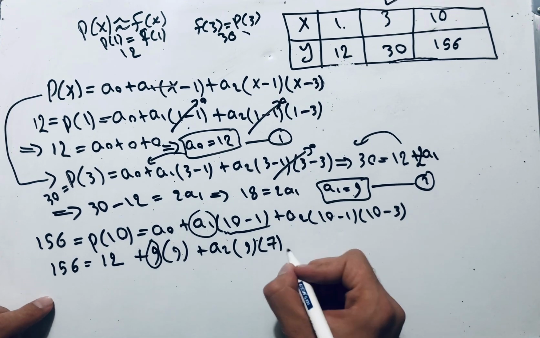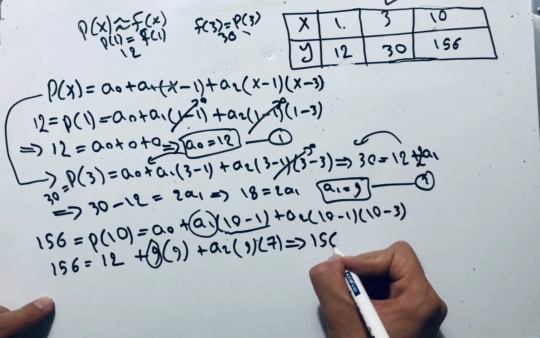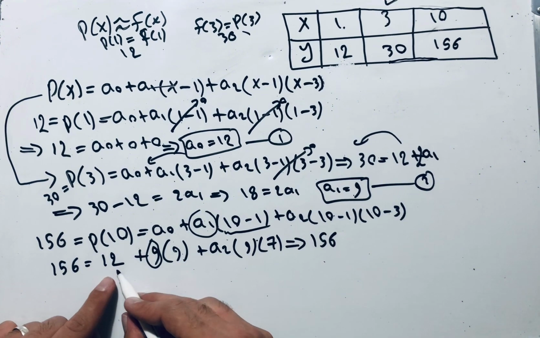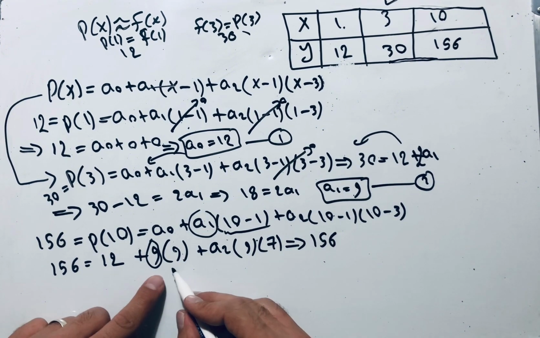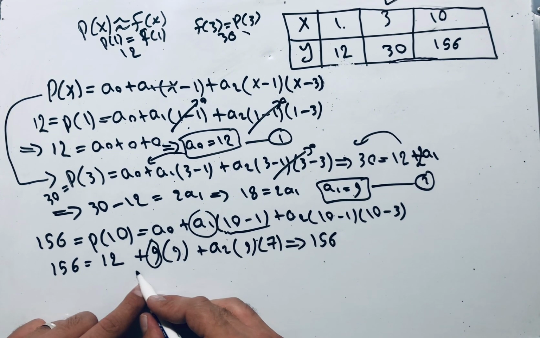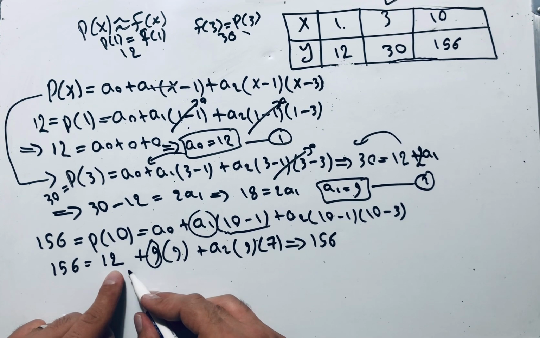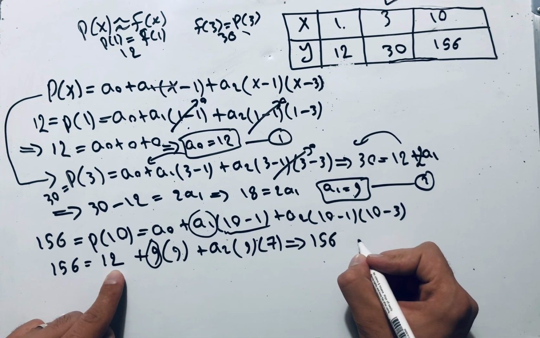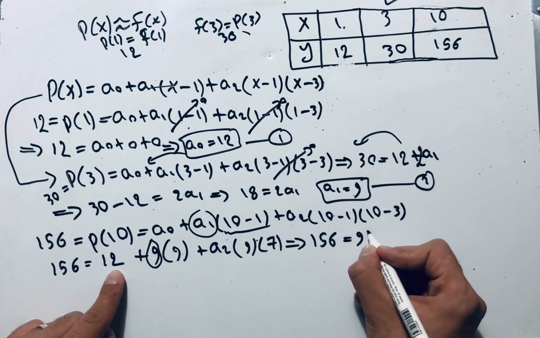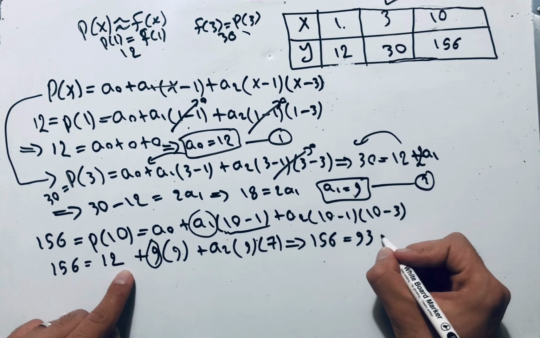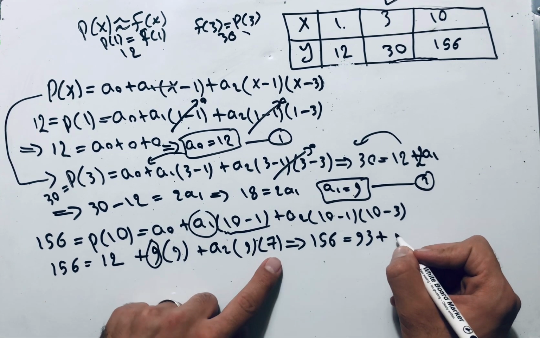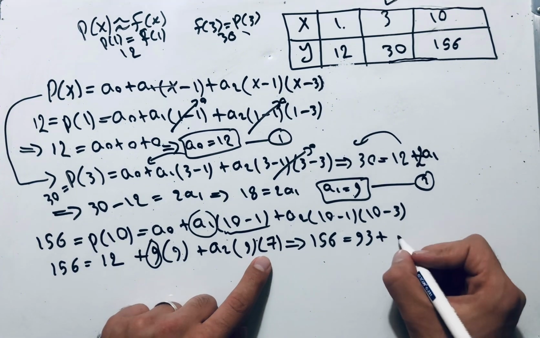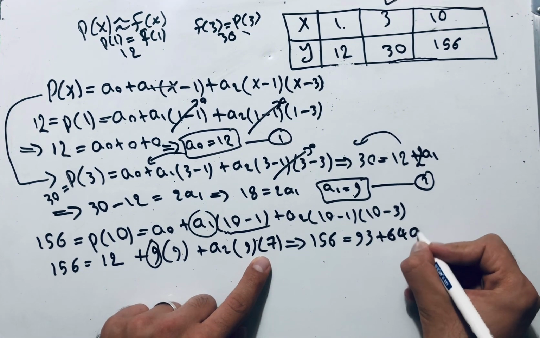Okay, so from here 156 is equal to, so this is 12 and this is 81. So add both together. So 81 plus 12 is actually 93, plus 9 times 7 is basically 63a2.